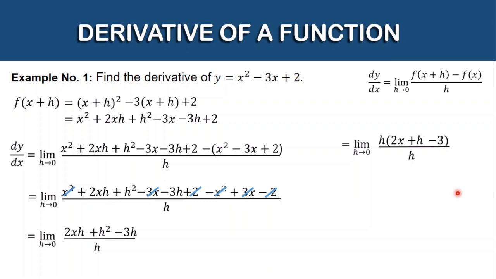Then, we can cancel h dun sa taas at dun sa baba. Then, the remaining part here is 2x plus h minus 3, wherein pwede na nating i-evaluate yung limit. So, by substituting the value of h, which is 0, so we have 2x plus 0 minus 3. So, simplify na lang naman natin yan. Then, our derivative is 2x minus 3. And this is our answer for example number 1.